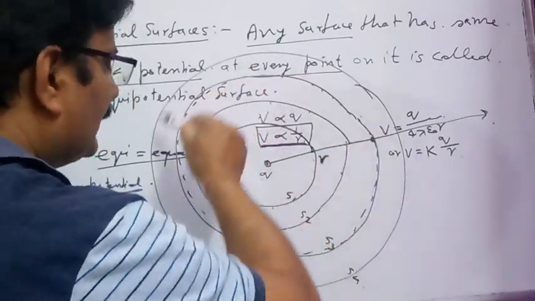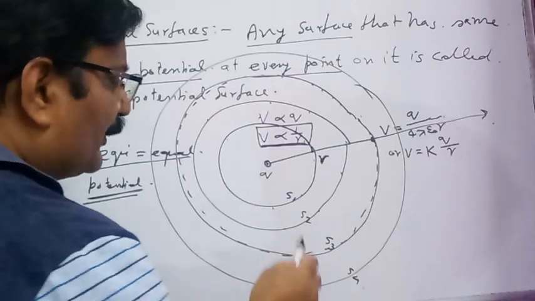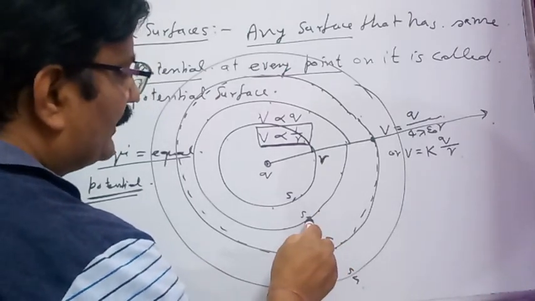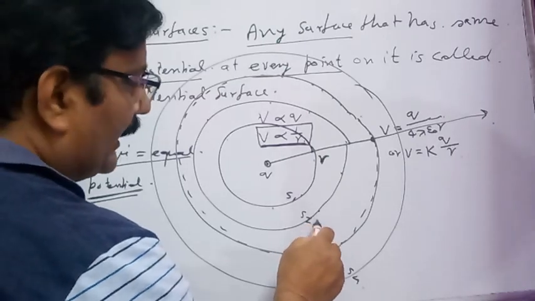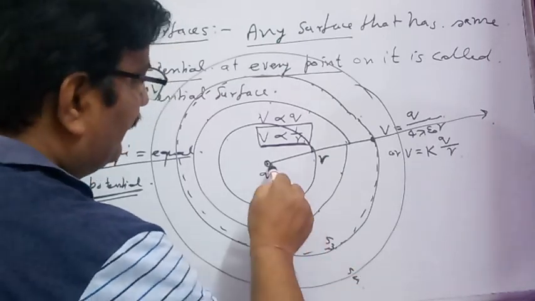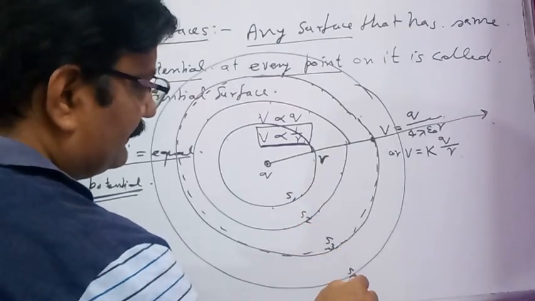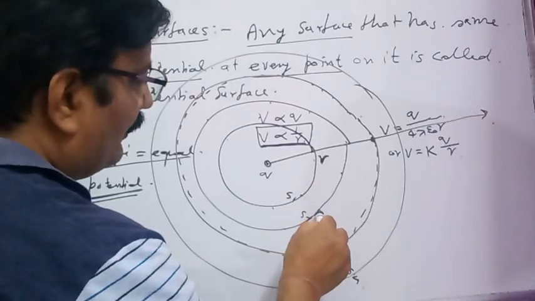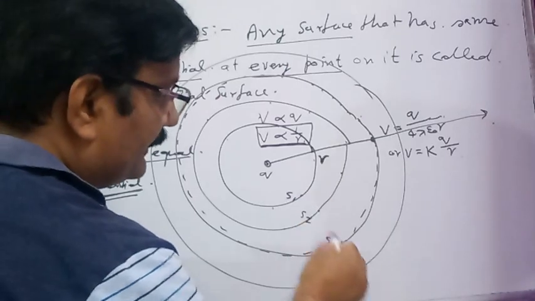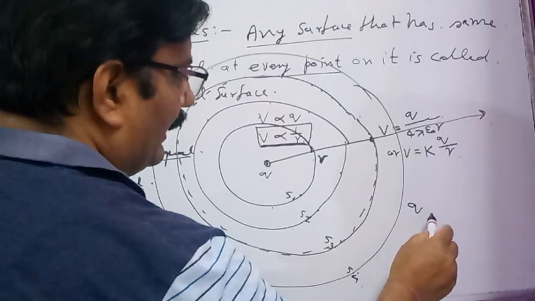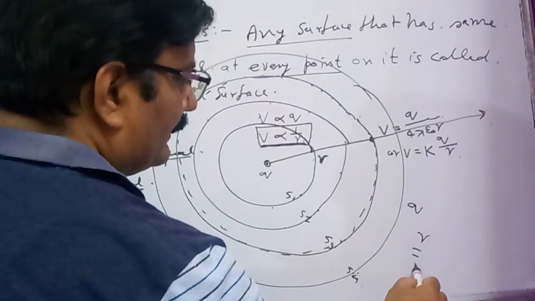Similarly, S4 is equipotential surface. But potential on the surface of S3 is going to be less than potential on the surface of S2. As we move away from the given point charge, there are so many equipotential surfaces, but potential on their surface is going to decrease gradually as distance from the given charge R is increasing.